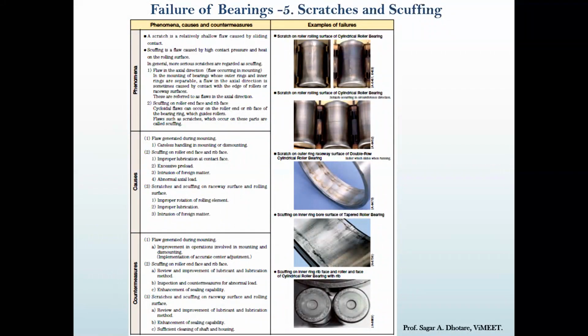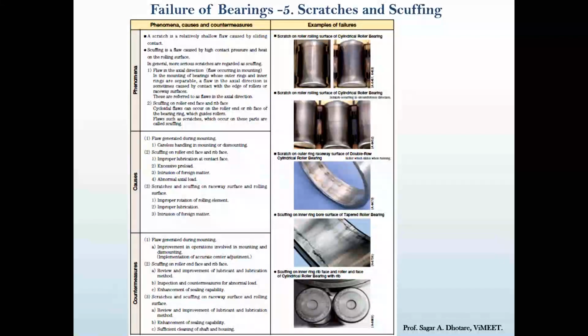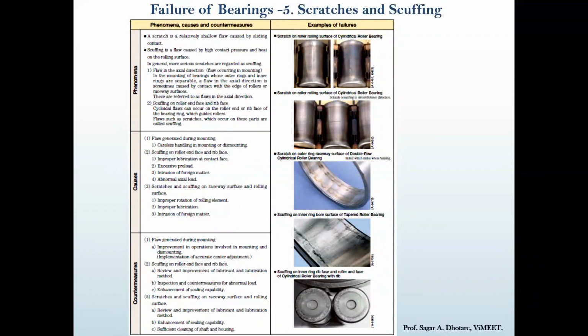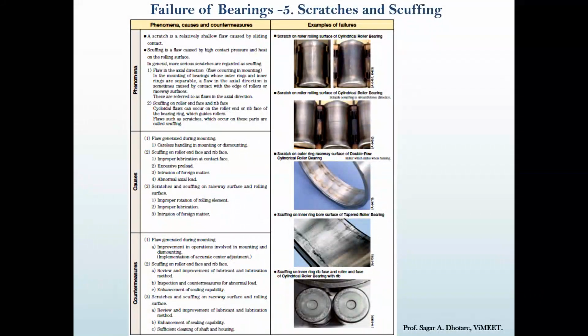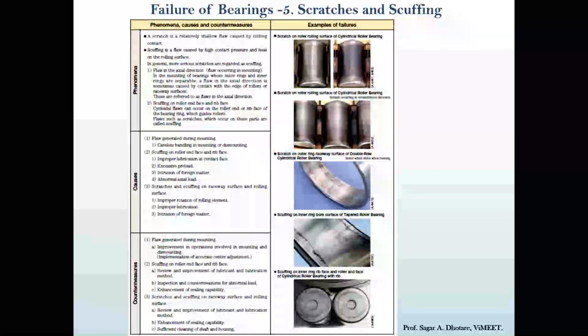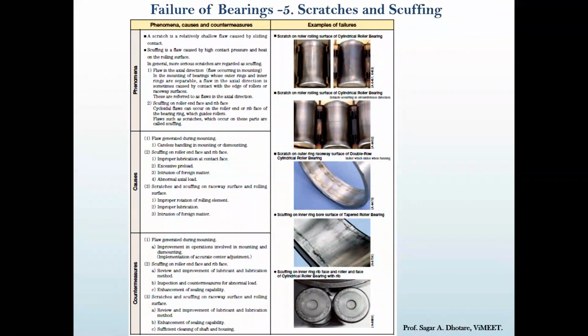Okay, so the causes of flaws, scratches, or scuffing: flaws can be generated because of careless handling and mounting of the bearings. Then scuffing can occur because of improper lubrication in the contact surface, excessive preloading pressure, then because of foreign particles and abnormal axial load.